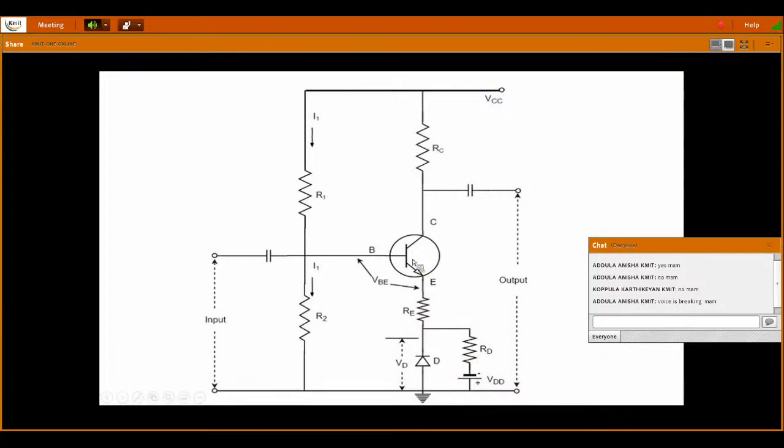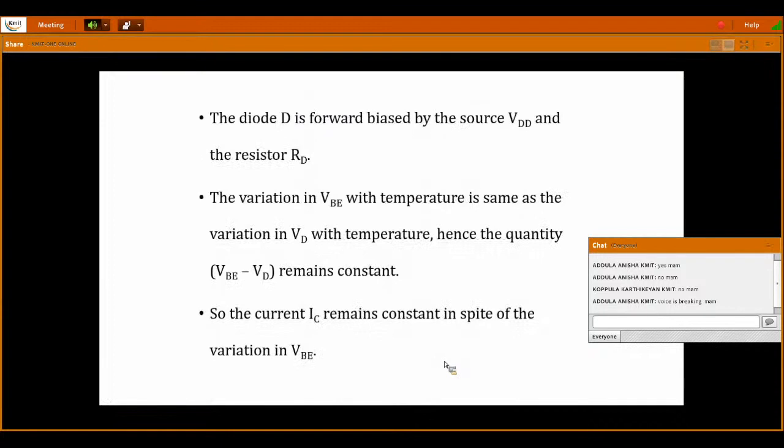With that, the base to emitter cut-in voltage and the cut-in voltage of the diode, as well as the reverse voltages applied to the base to emitter junction and the diode, must be equal. So the junction operating voltages of the transistor as well as your diode are maintained constant. Here the diode is forward biased by the source VDD and the resistor RD.